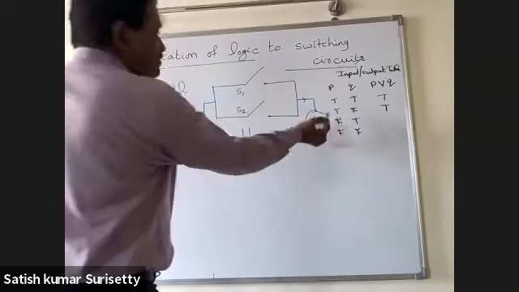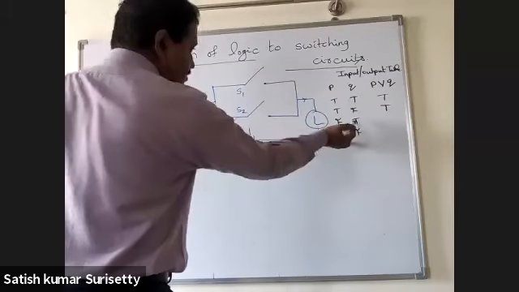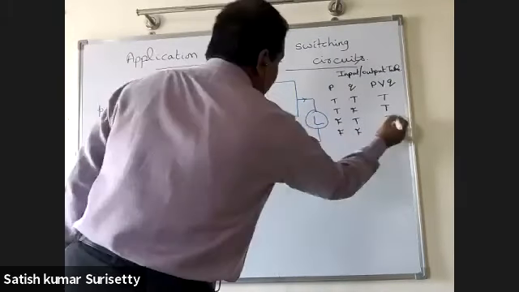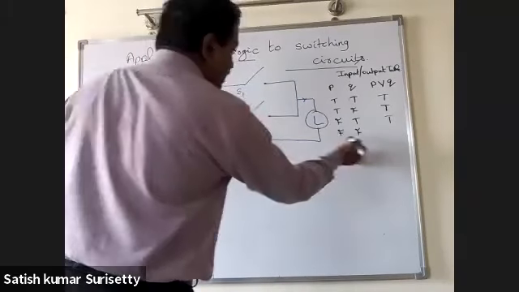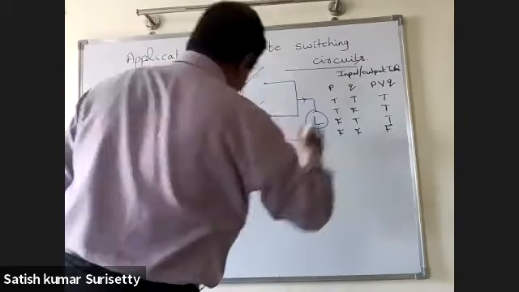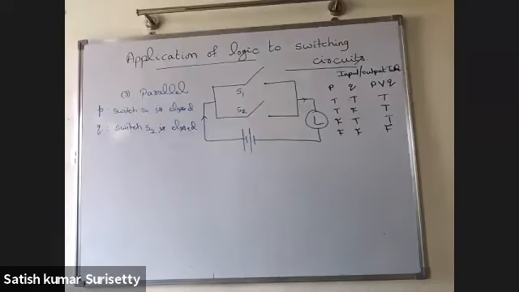When switch S1 is open and S2 is closed, still the current flows. Now, when both the switches are open, the current will not flow and the light will not glow. It will be false. So remember, parallel connection corresponds to disjunction and series connection corresponds to conjunction.